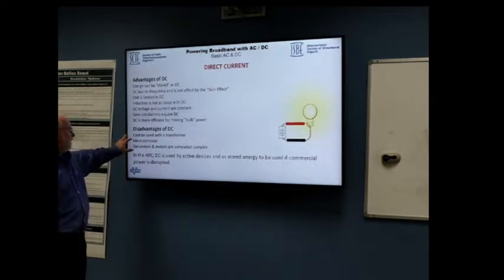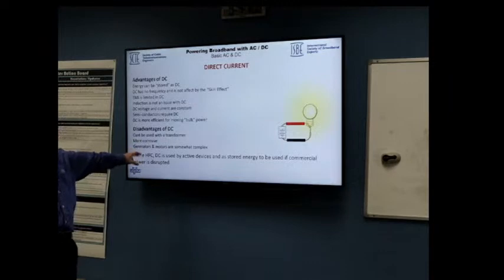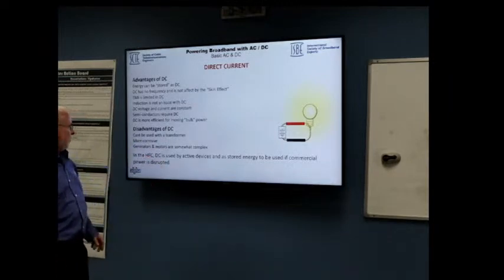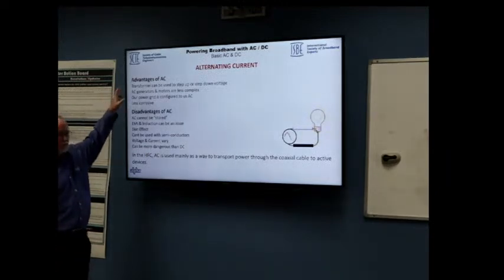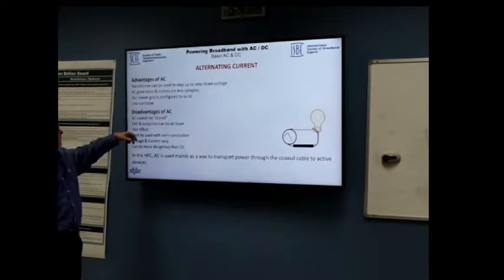The disadvantages are it can't be used with a transformer. It is more corrosive, that galvanic corrosion we talked about. Generators and motors are more complex. And in HFC, DC is used for actives and as stored energy in the commercial. Advantages of AC, transformers can easily step up and step down, just like the one is doing back there.